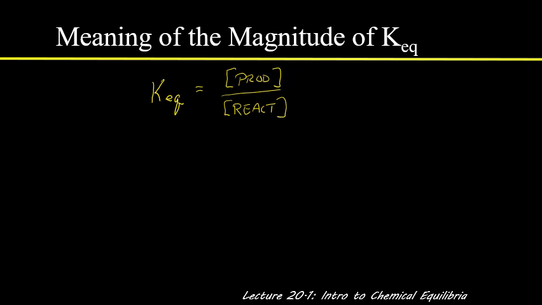As I kind of showed you and hinted as we go forward, there can be exponents here. We'll look at those a little bit later. But in general, even with the exponents, the equilibrium constant is the ratio of the product concentration to the reactant concentration at equilibrium. In fact, let me put a little subscript here.